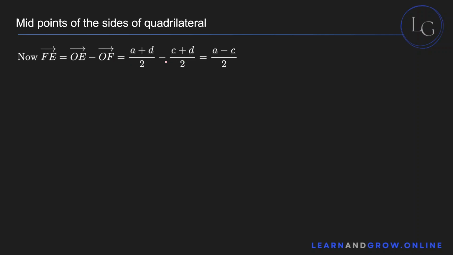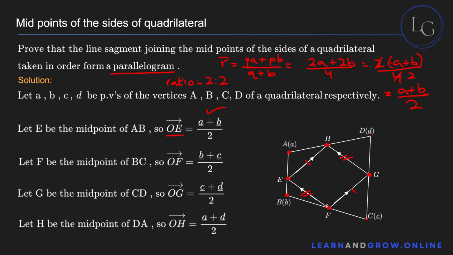Now, let's just see. FE, right? When you take this to the origin side, let's say that this is the origin. That means that this is OE and this is OF, and that means that OF plus FE is equal to OE.